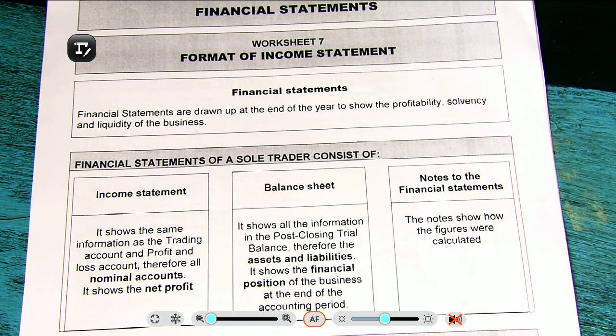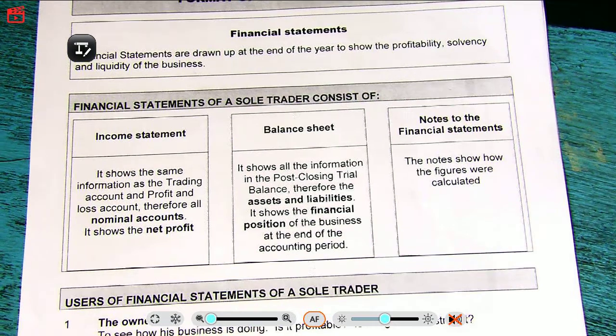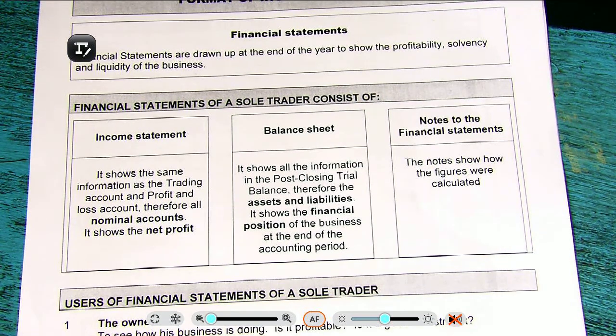So let's quickly go to financial statements. The financial statements of a sole trader consist of an income statement, which is what this lesson is going to consist of. In our income statement, it shows the same information as in the trading account and profit and loss account.